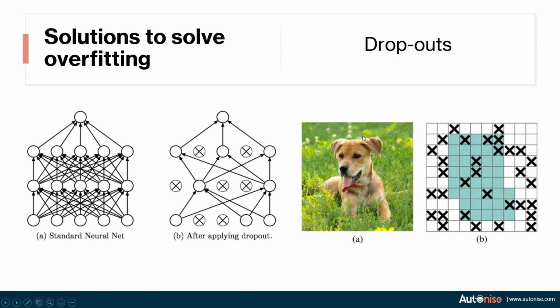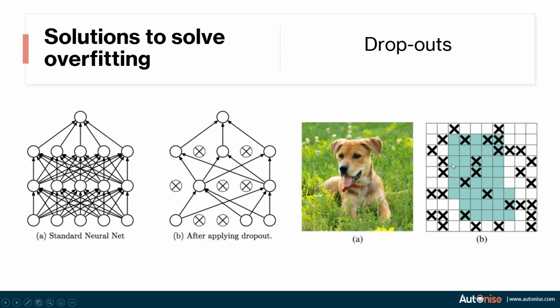So the problem is that the neural network will start focusing on very small parts of the image to classify whether it's a cat or a dog. To ensure that this does not happen, what we can do is we can randomly mask out some of the parts of the image.